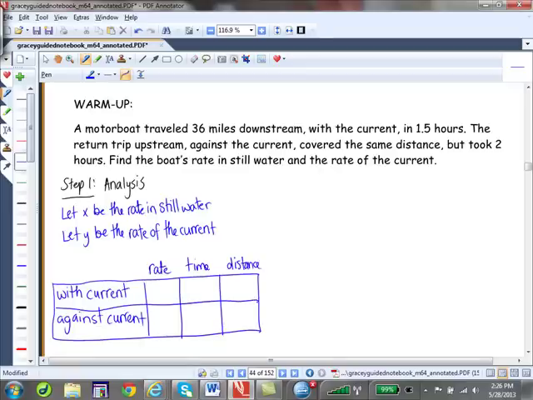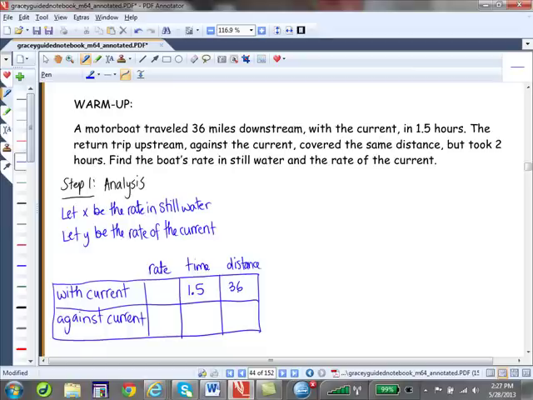So let's take a look at the information we've been given. When it says a motorboat traveled 36 miles downstream, that's the top of the box, with the current. It gives us a time of 1.5 hours, and the distance is 36 miles. The rate we don't know, but think about it. If the current is with you, isn't it pushing you along?